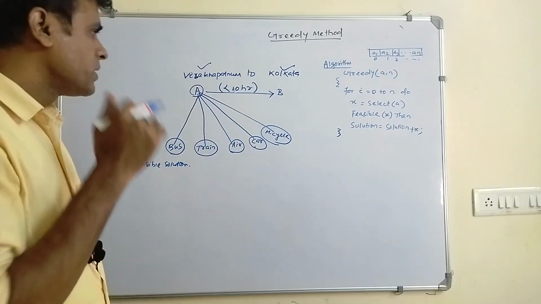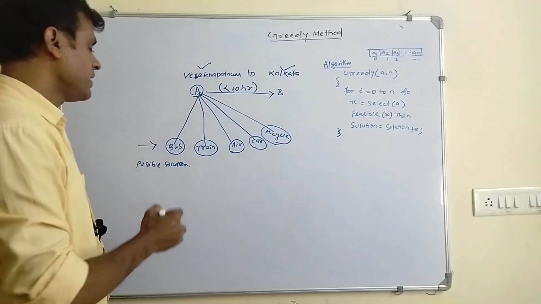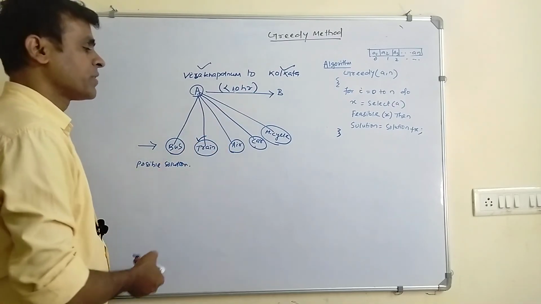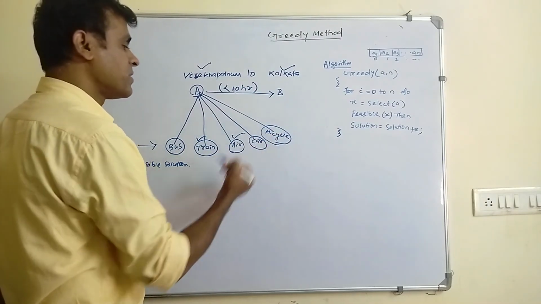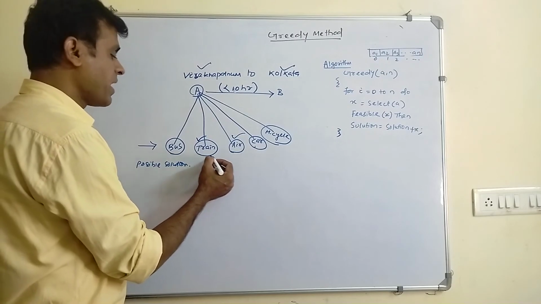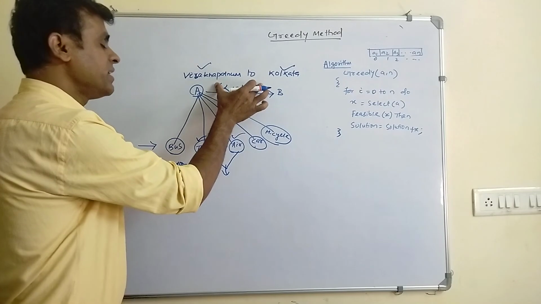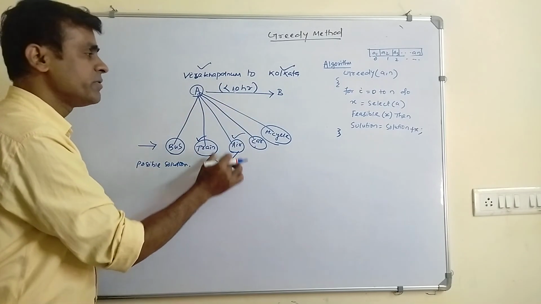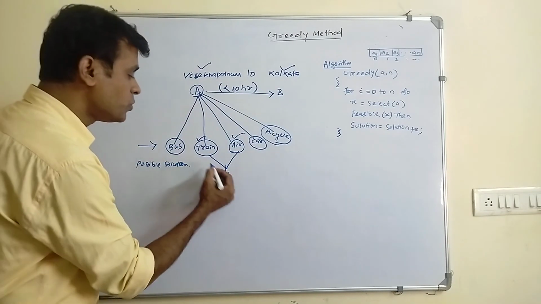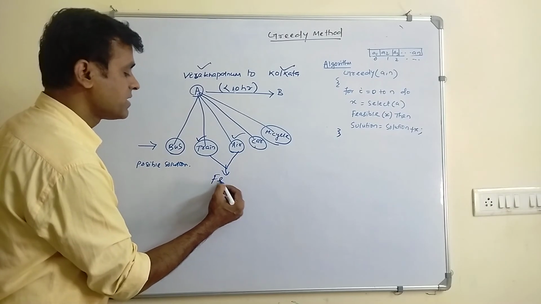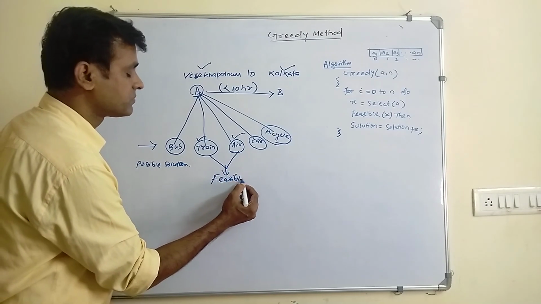Then you have to choose either train or air. These are the two ways that satisfy this constraint, so these two solutions are called feasible solutions.